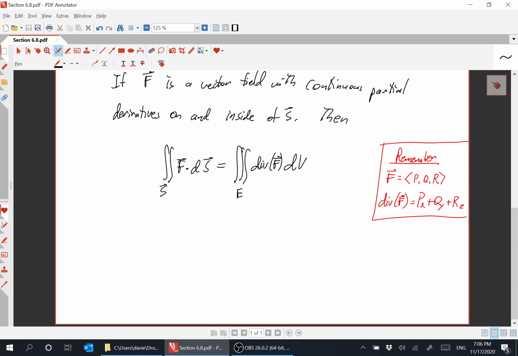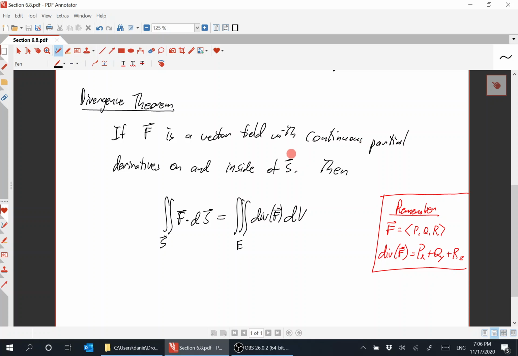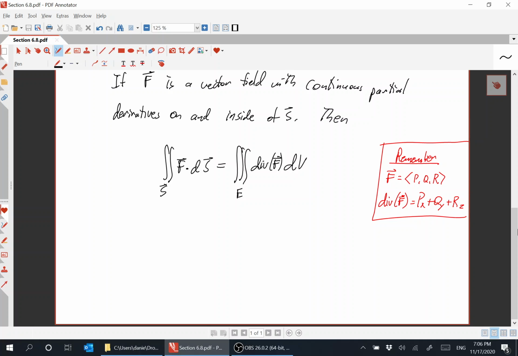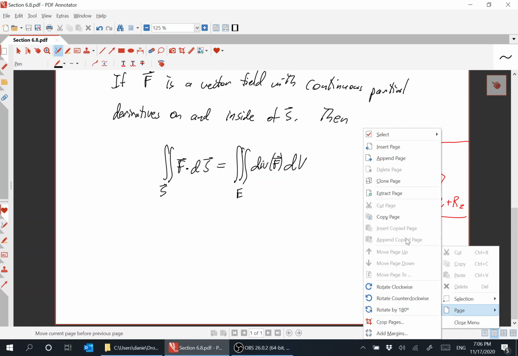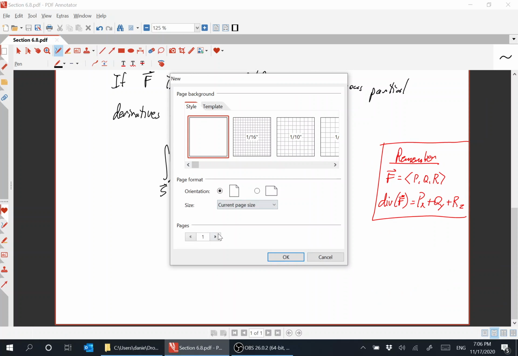Okay, one word of caution: make sure you've got continuous partial derivatives. It's kind of important because a lot of the vector fields we've looked at are not continuous at the origin. Okay, so I'll throw an example like that at you in a little while.